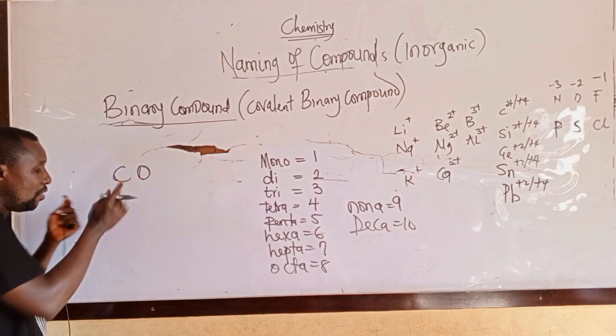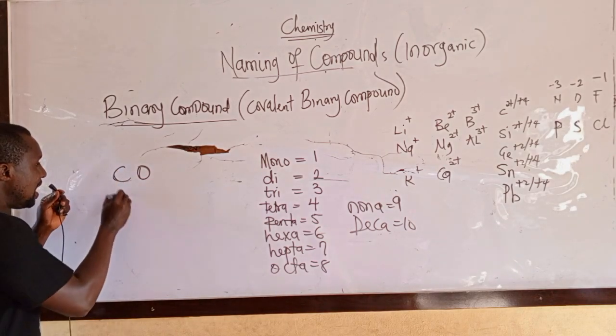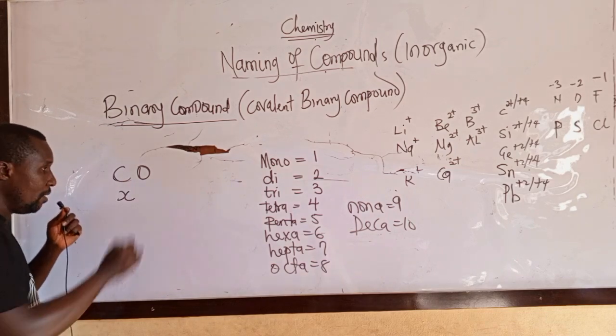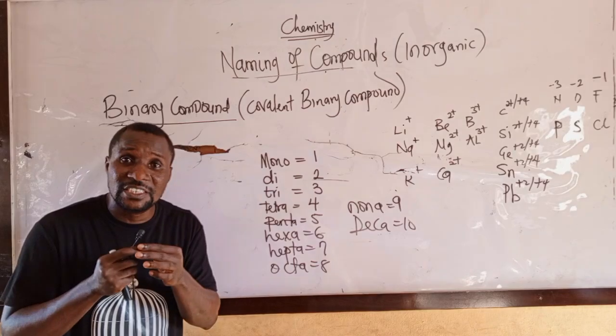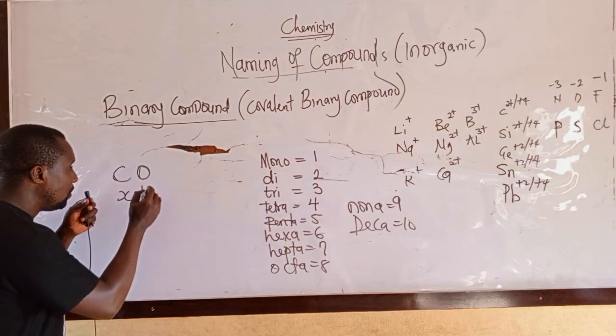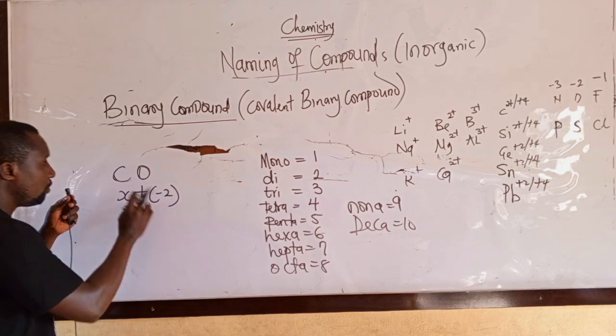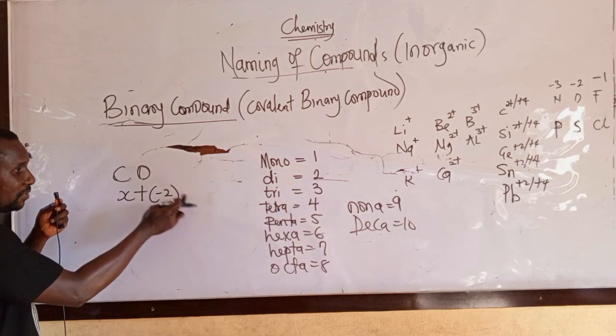The oxidation number of carbon in this compound, I don't know it. Let me call it x. Plus the oxidation number of oxygen. I told you the oxidation number of oxygen is -2. How many oxygens do I have? One, so that is times 1.